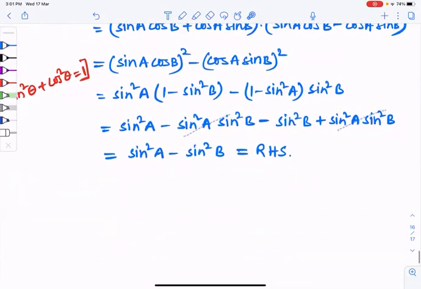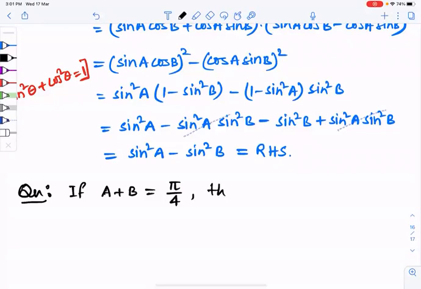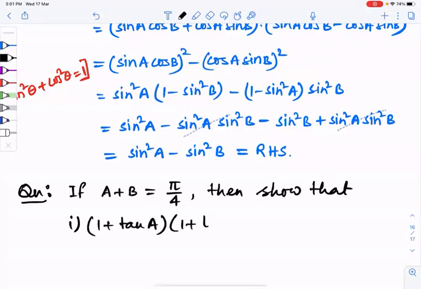Right. Let us take another question. If A plus B is equal to π/4, π/4 means 45 degrees, then show that number 1, (1 plus tan A) into (1 plus tan B) equals 2.